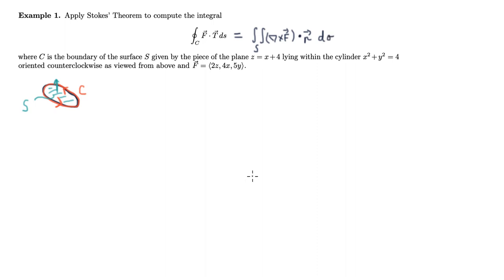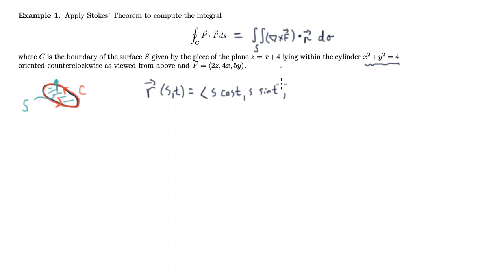So first things first, let's parameterize the surface. Now notice that x squared plus y squared is 4, so I'm living within a circle of radius 2 in the xy plane. So that's kind of a hint to tell me I probably want x and y to be s cosine t and s sine t. Essentially just polar coordinates.